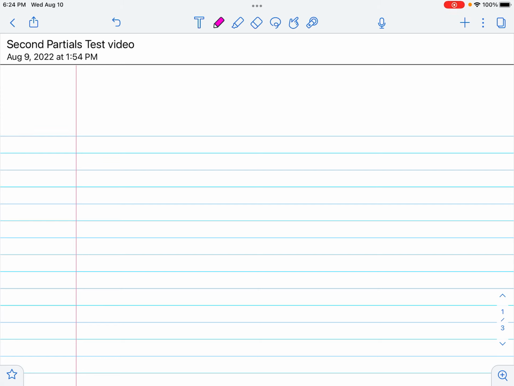Let's suppose that we have a function with two independent variables, z equals f of x, y, and we want to identify where maxes and mins occur. Now, we've already in the past studied how to find the critical points.